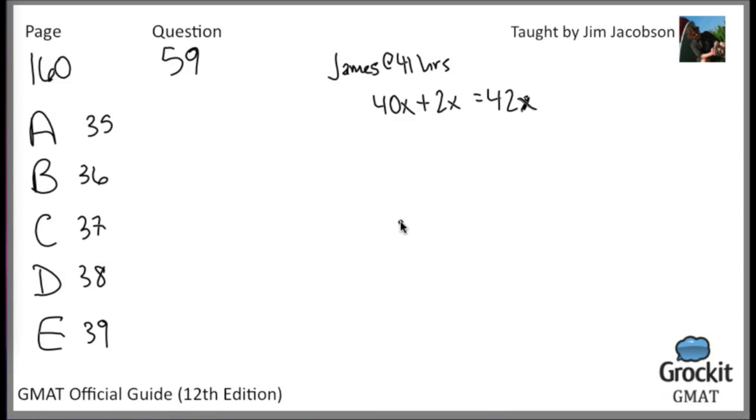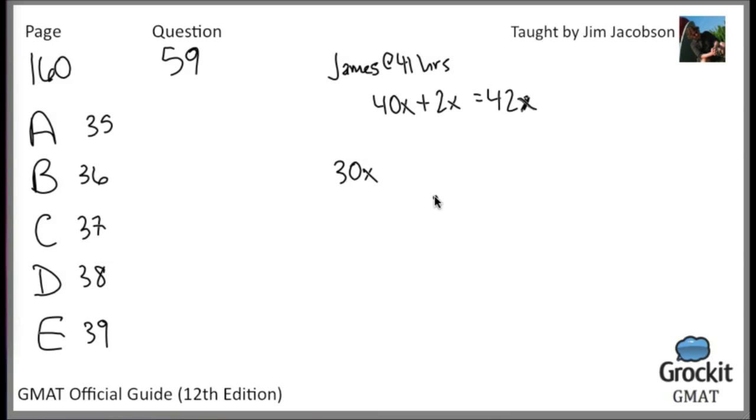We know that Harry is going to make 30x for the first 30 hours of the week. And it's worth noticing here that Harry has to work fewer hours before he reaches the bonus round, where he starts making more per hour, but then he makes less in overtime than James does.